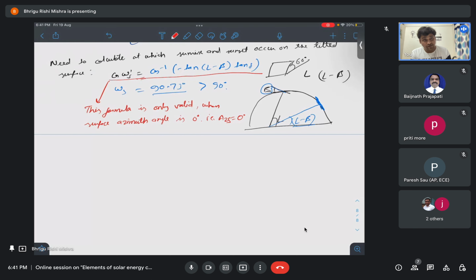So what should we do? Now we need to calculate the sunrise and sunset on this tilted plane.